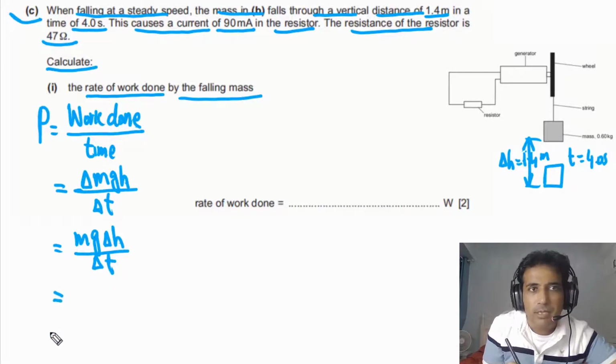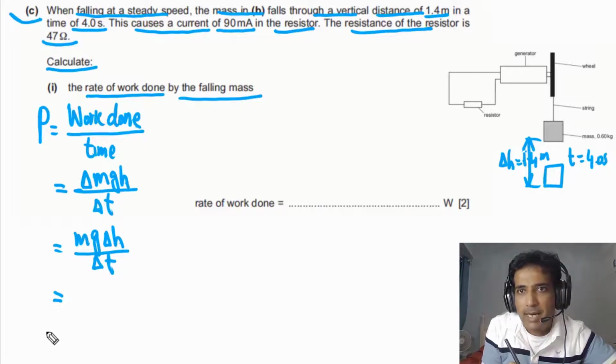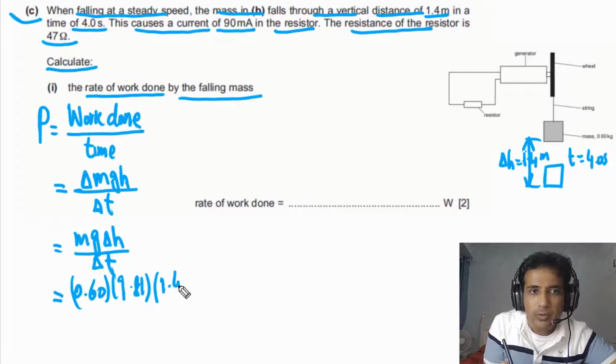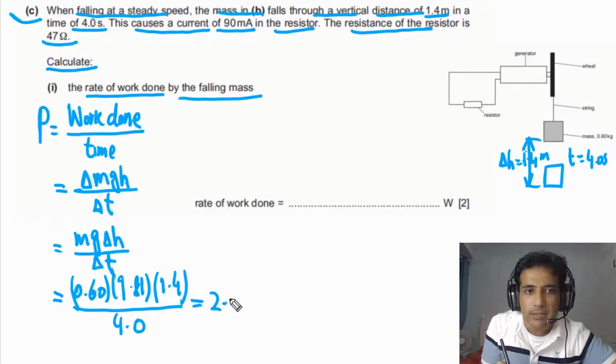In this case we have the value of mass, 0.60 kg, then g is equal to 9.81, and decrease in height is 1.4 meters, and we divide this by the time taken, that is 4 seconds. So our final answer in this case will be 2.1 watts.